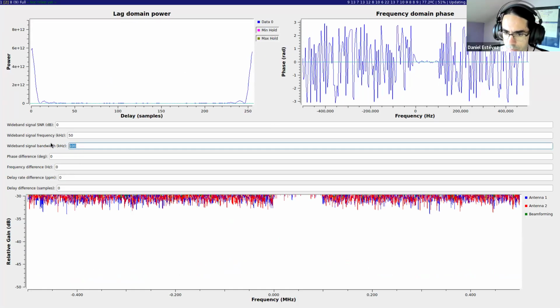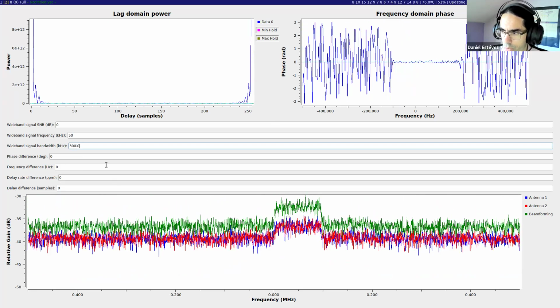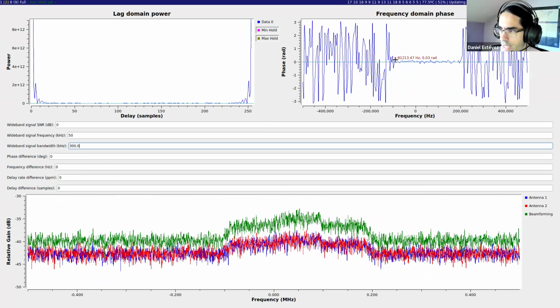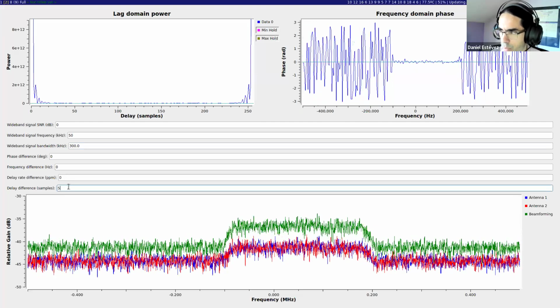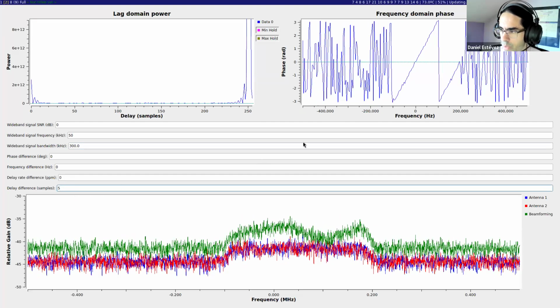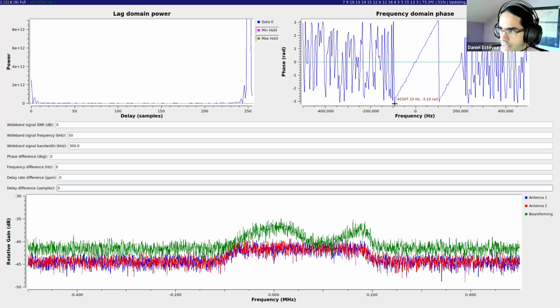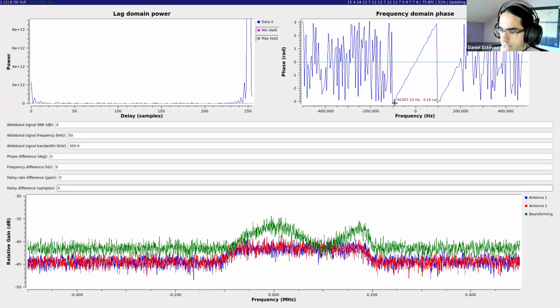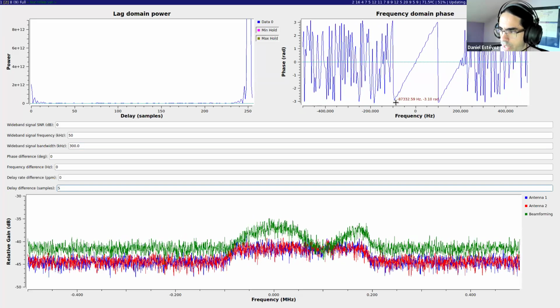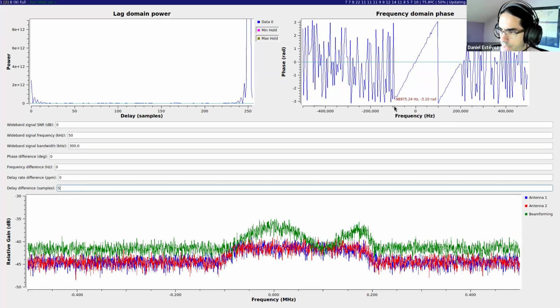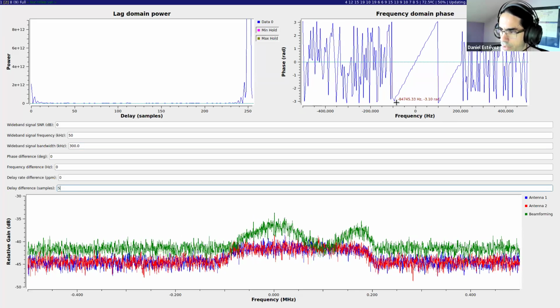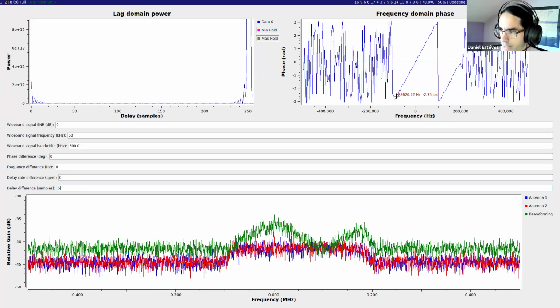So let me go back to that. We have this 300 kilohertz signal, and then if I put, for example, 5 samples, we get this linear slope. So we can see that the phase difference between the two antennas depends on frequency. And in here is 180 degrees, or rather minus 180 degrees.